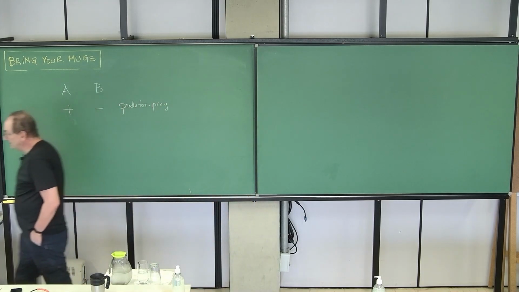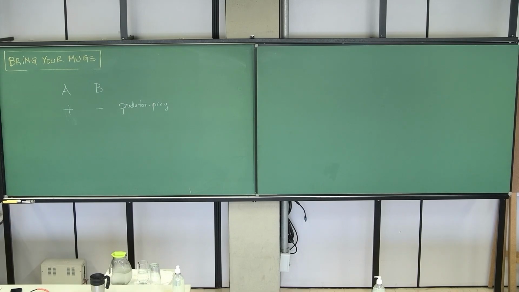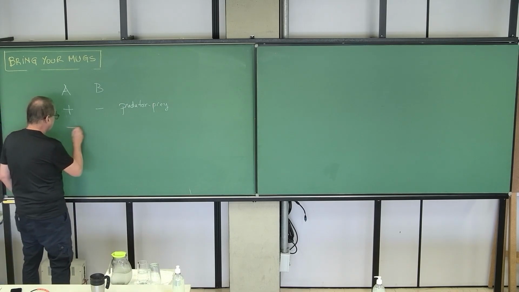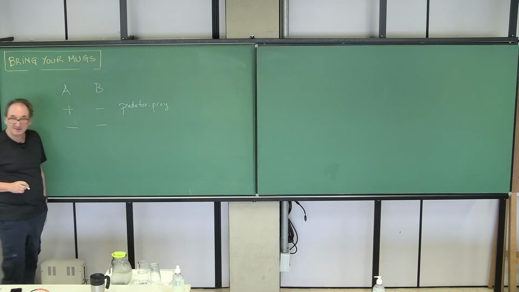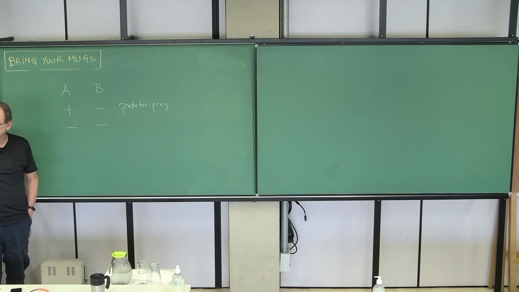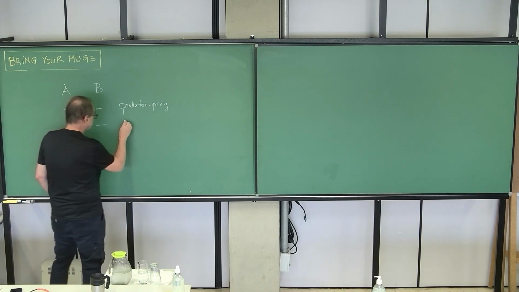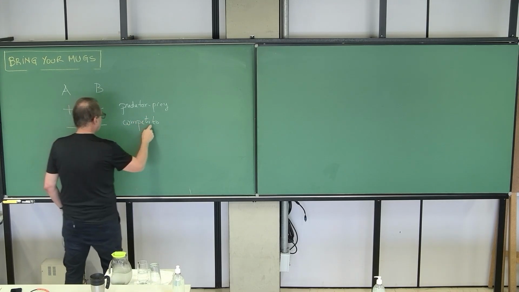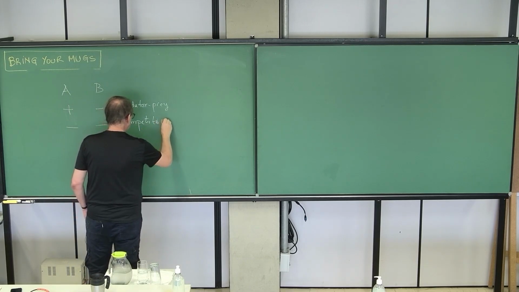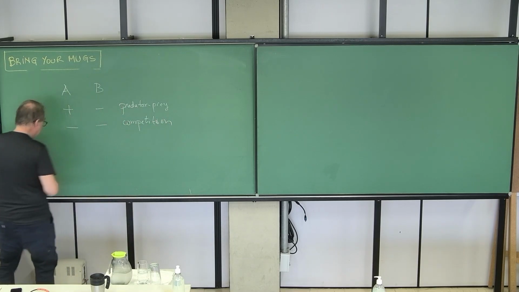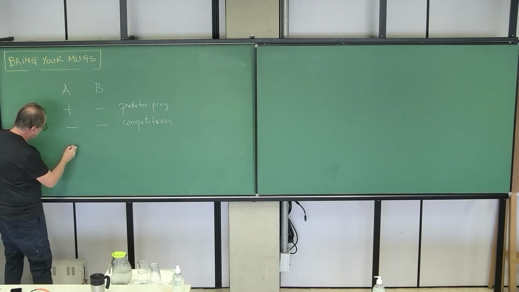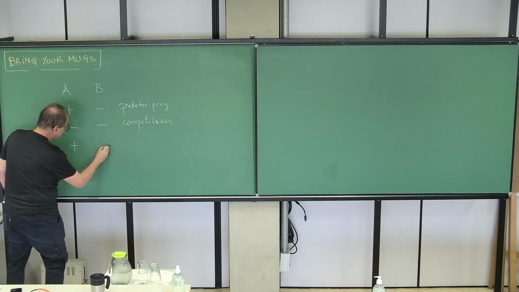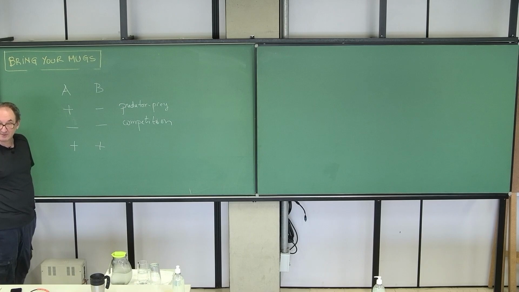So then you could have interactions that are negative for one, negative for the other one. So it's mutually negative, and that's called competition. And then the last case would be plus, plus, which will be called mutualism.